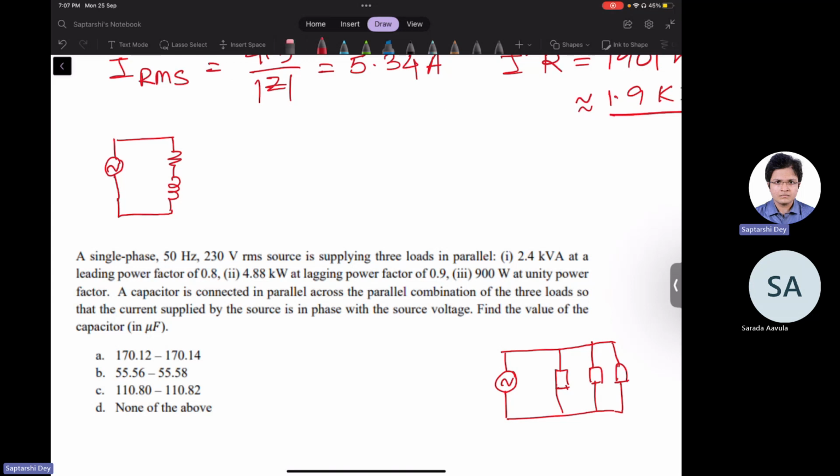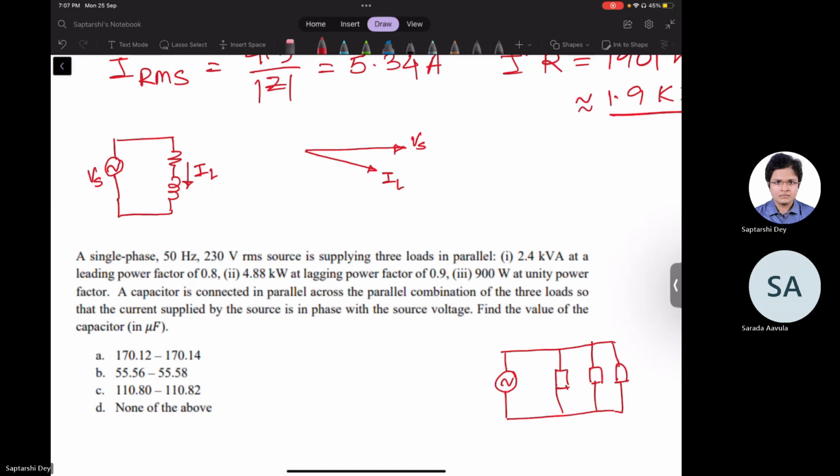RL load is a lagging load, right? So what you have is, if this is the source voltage, say Vs, and this is the load current IL, then definitely it will lag. The phasor is like this.